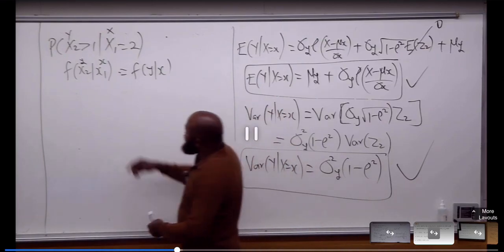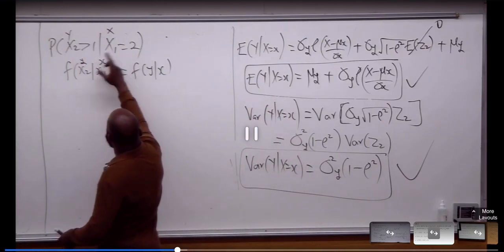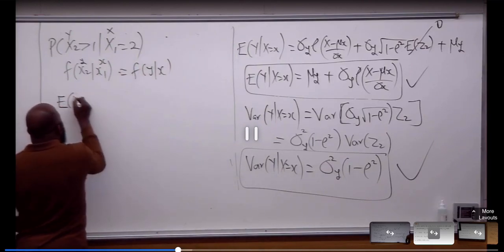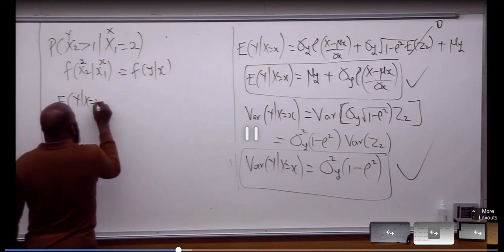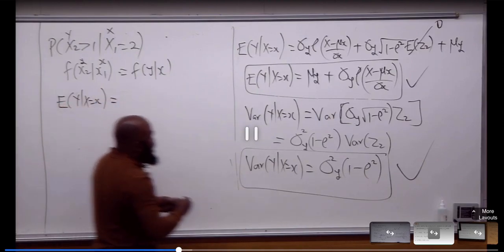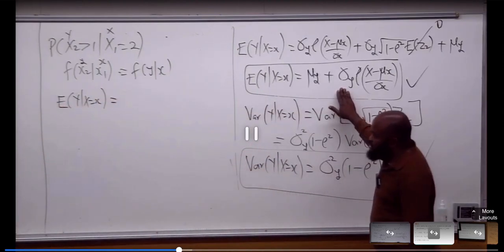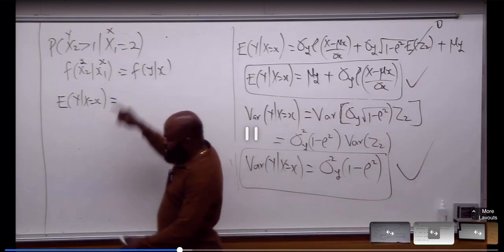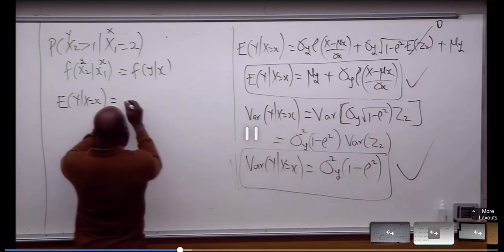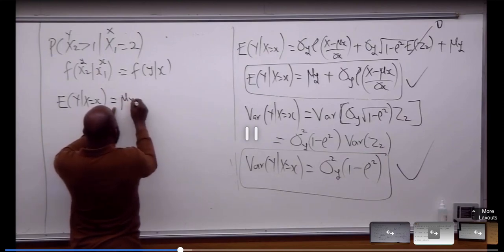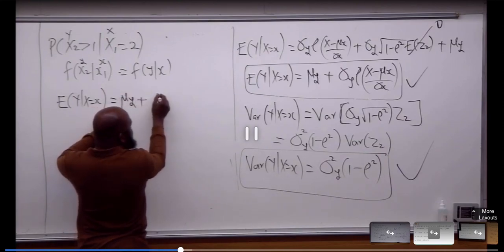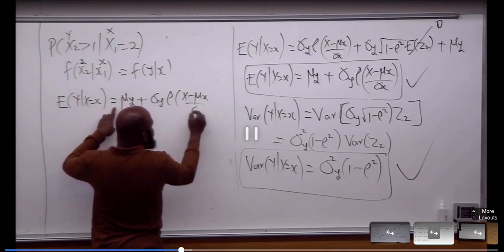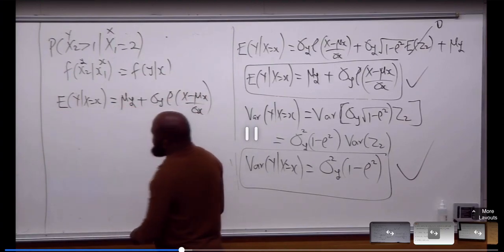Okay, now if I want to solve this right now, I need the conditional. I actually need to use this, but they've given you S equal to 2. So from this, mu y plus sigma y rho times x minus mu s over sigma x.